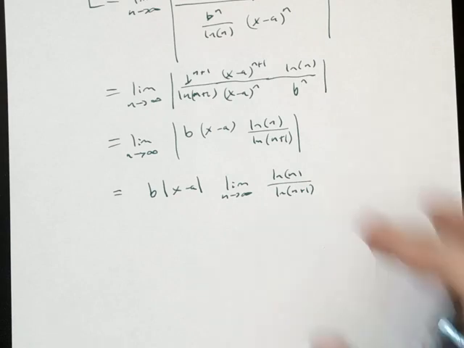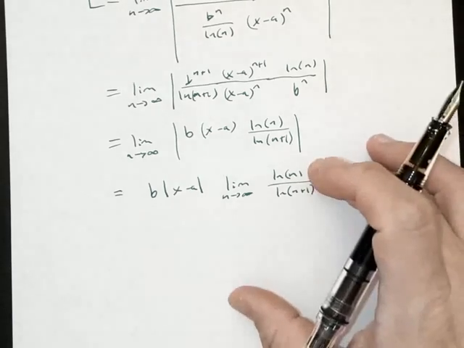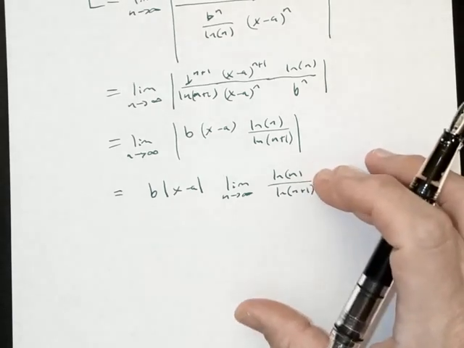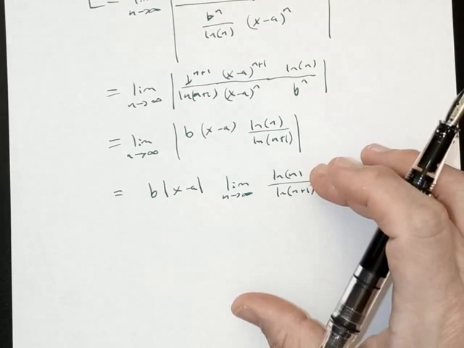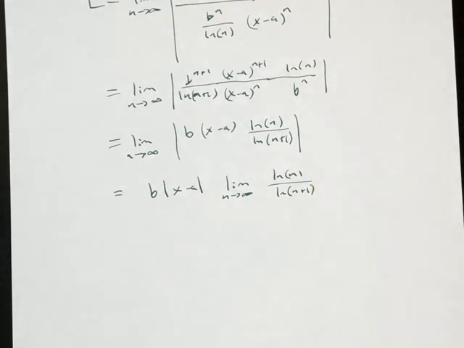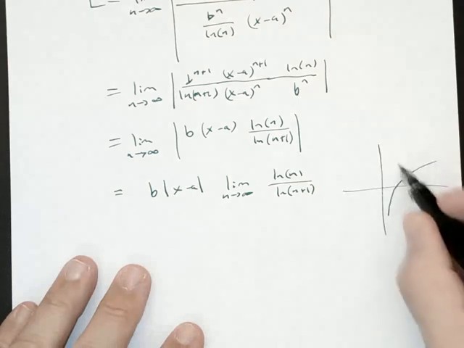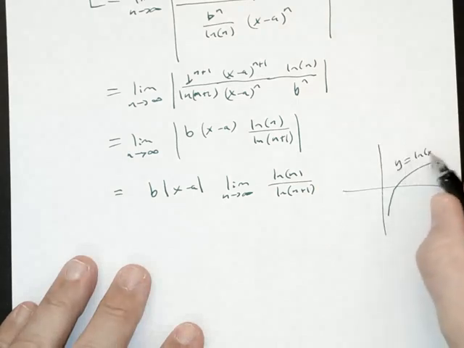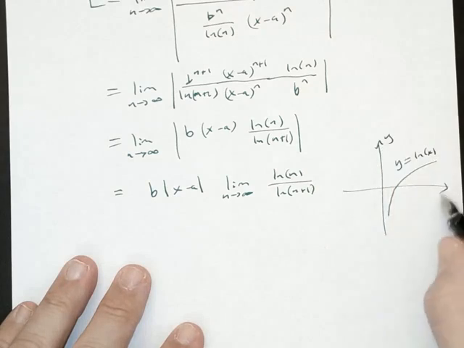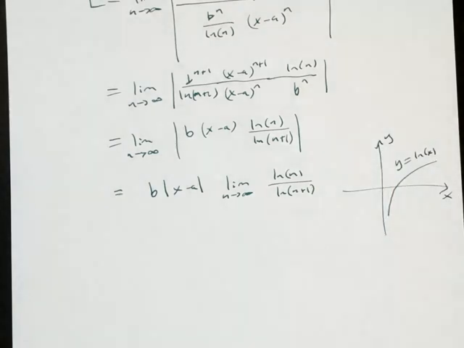But what happens to ln of n as n goes off to infinity? Because the graph of the logarithm looks like that. Wait a minute, that means that the bottom is also infinity, yes?